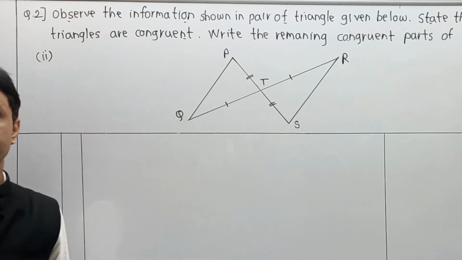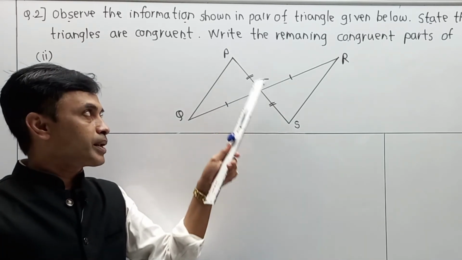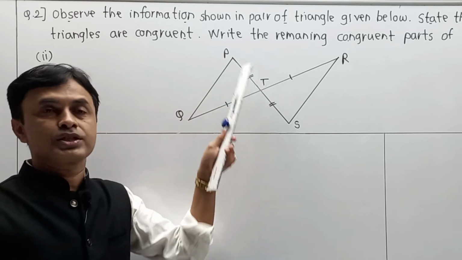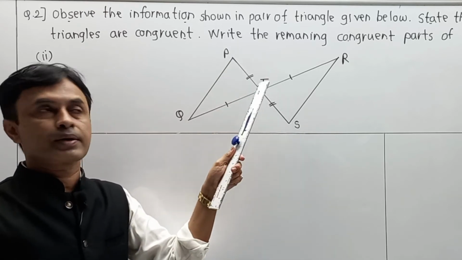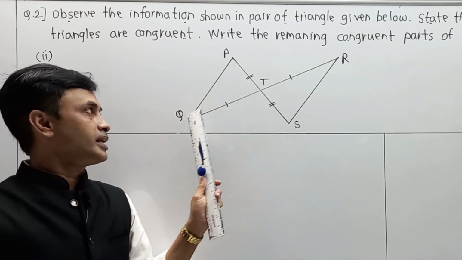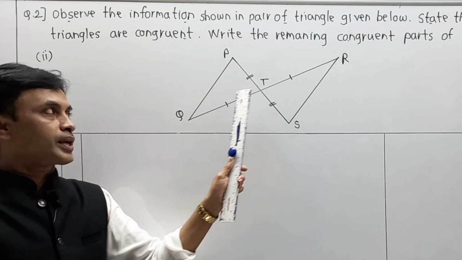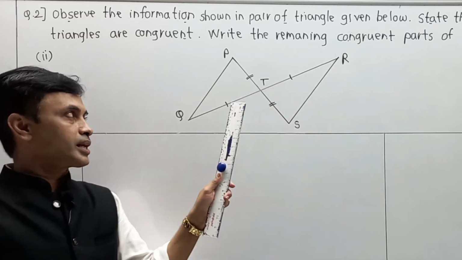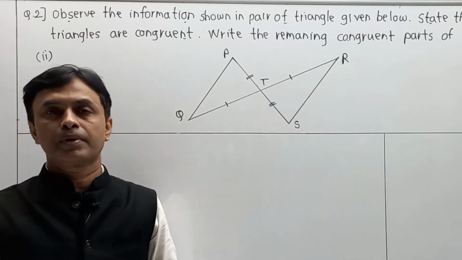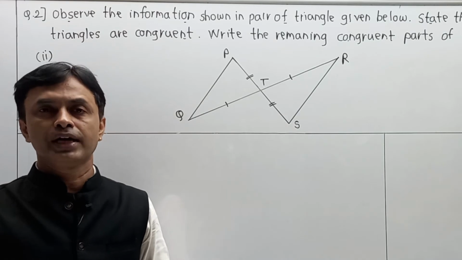These two triangles are given, and naturally there are some markings already available. For example, PT congruent to ST, double mark equal to double mark. Next, TQ congruent to TR, single mark equal to single mark. These are symbolic presentations already available.